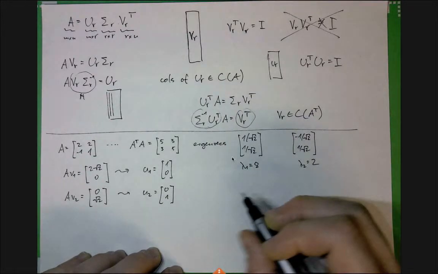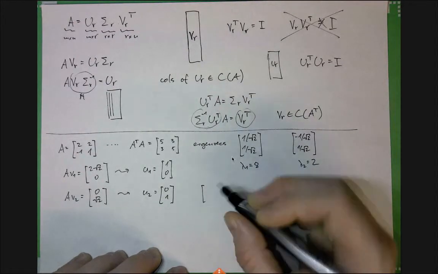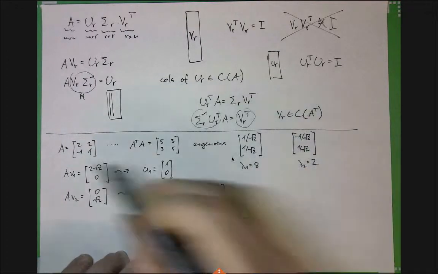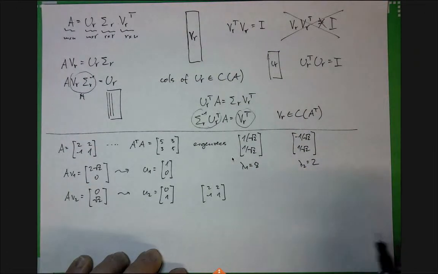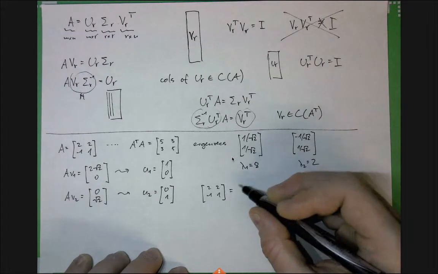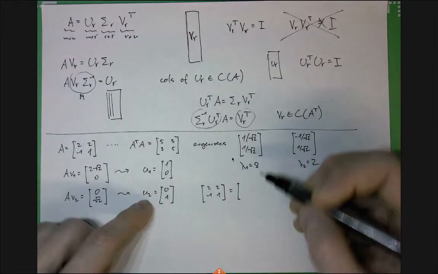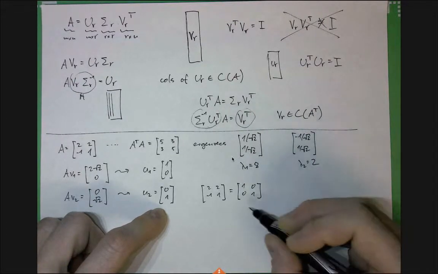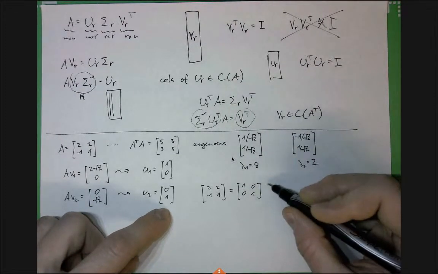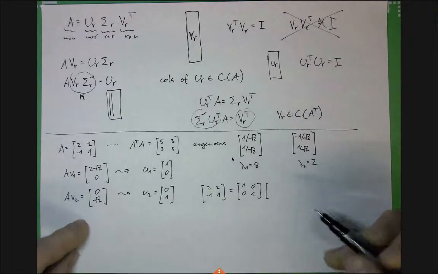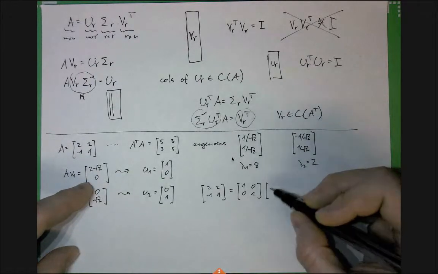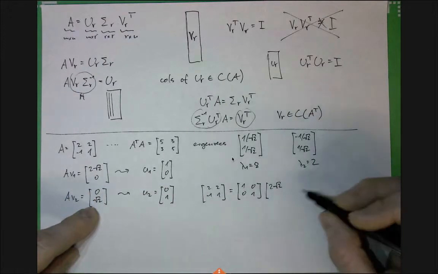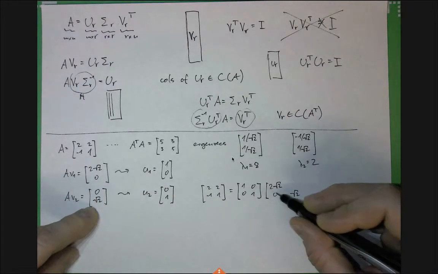And from this, I can immediately write the SVD of 2, 2, minus 1, 1. Notice it was not a symmetric matrix to begin with, but the SVD could not care less. So I take the U vectors and put them here. So this is just an identity matrix. That's fine. The scale here is 2 times the square root of 2, and here the scale is the square root of 2.